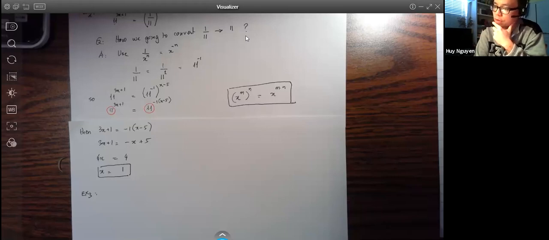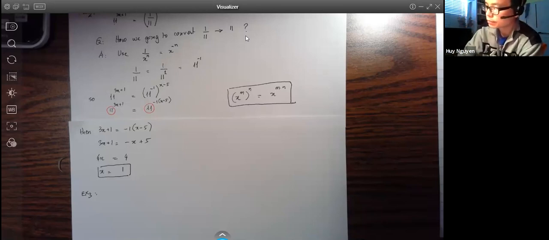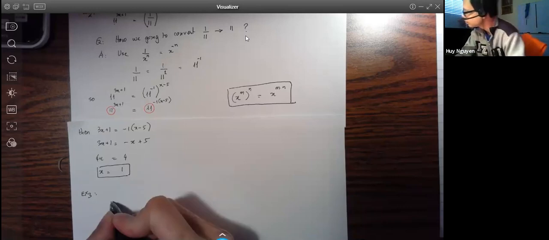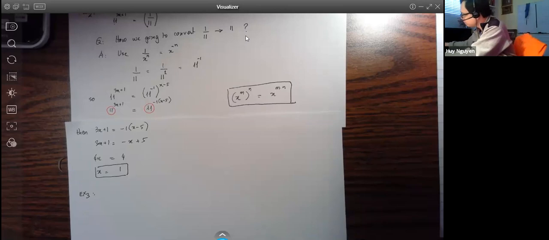Okay, so on number 3, I give you a problem. I give you a question where you have to use the log principle. You cannot use the equivalence property. Something like this.